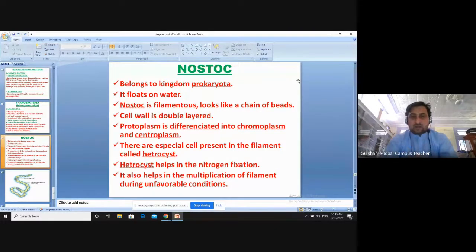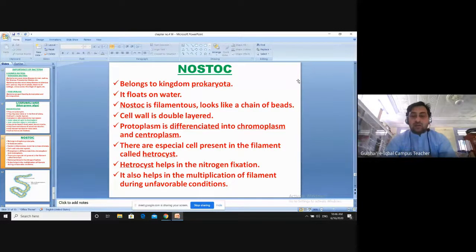Again, the cell wall is double layer. Protoplasm or cytoplasm is differentiated into chromoplasm and centroplasm. Chromoplasm is the outer colored part and centroplasm is the inner colorless part. Then there are special cells present in the filament called heterocysts. Heterocysts are the specialized cells present in the beads of nostoc, which help them in nitrogen fixation.